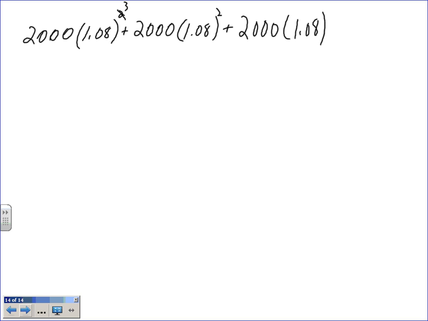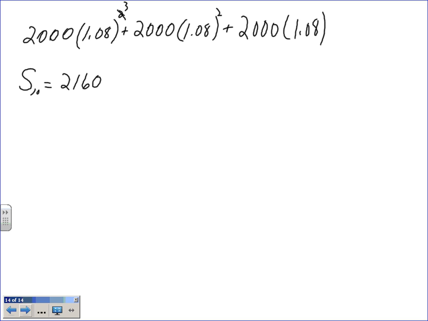Okay. Well, this is an example of a geometric series. And we can use our formula. And let's find out how much money we're going to have, the sum after 10 years. It equals the first term. Well, the first term is not 2,000. After the first year, it's going to be $2,160. 2,000 times 1.08.